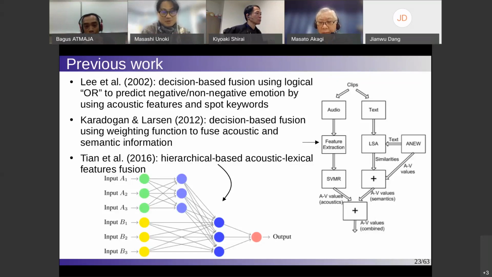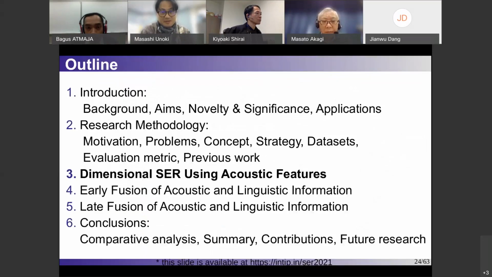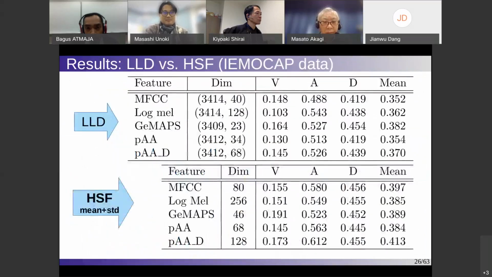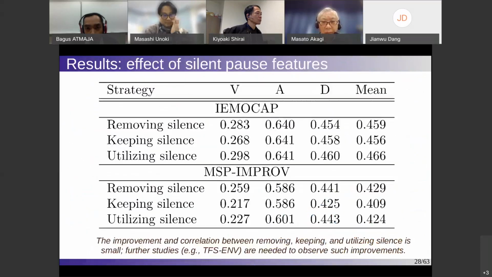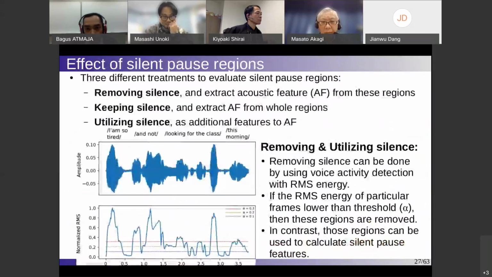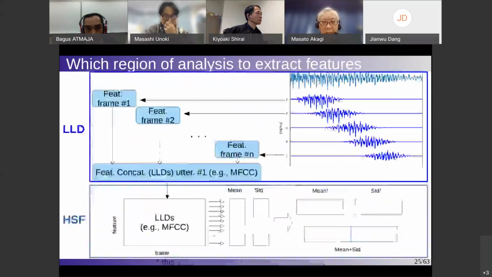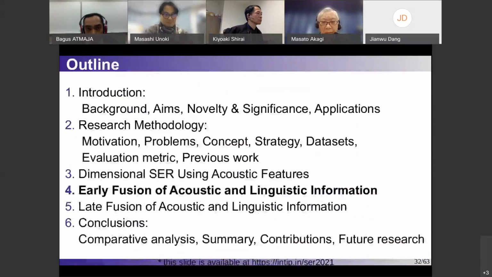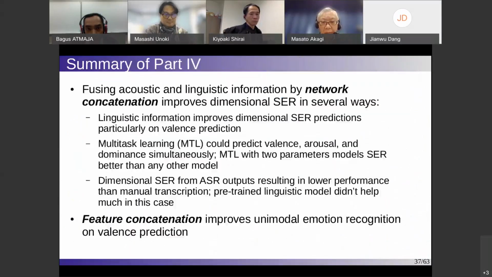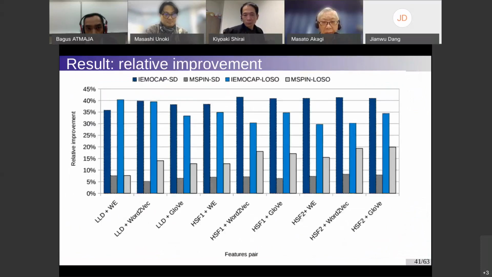So which page should we check? I think in the book or in the presentation, let's see. This one, I think.